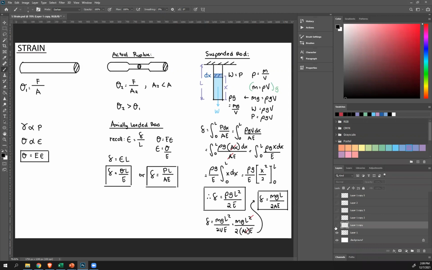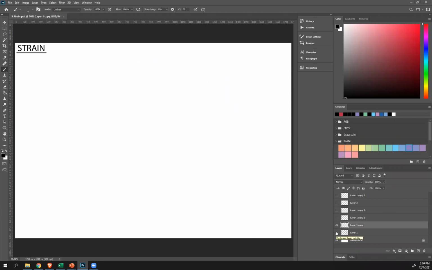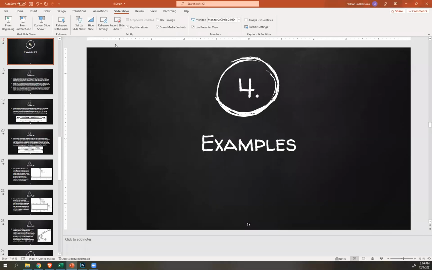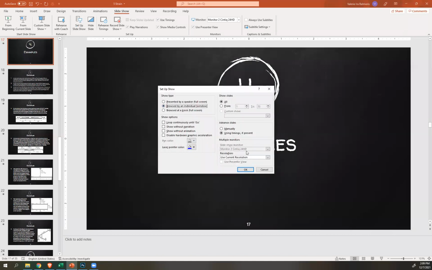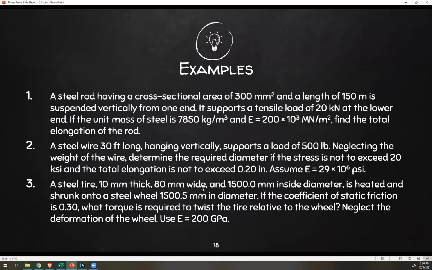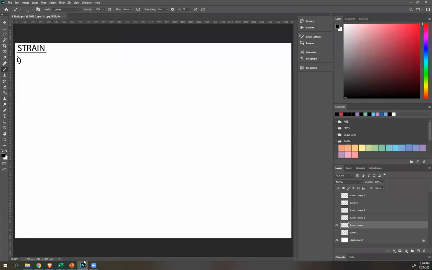Let's have an example. Number 1. Bring out your calculators. A steel rod having a cross-sectional area of 300 millimeters squared. So I'm going to write the given as we go.